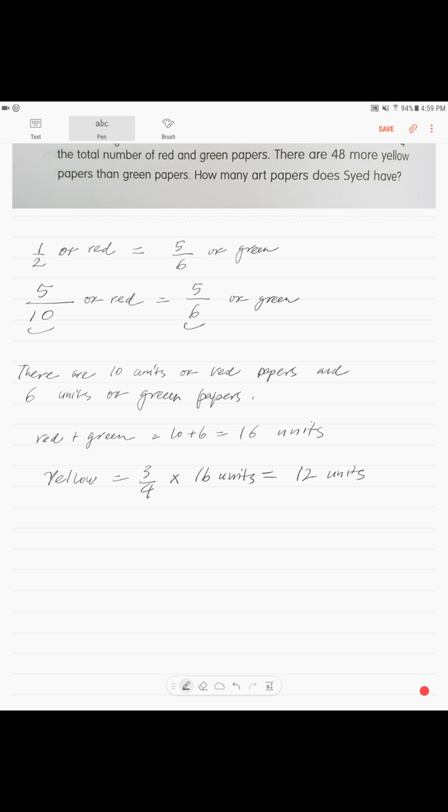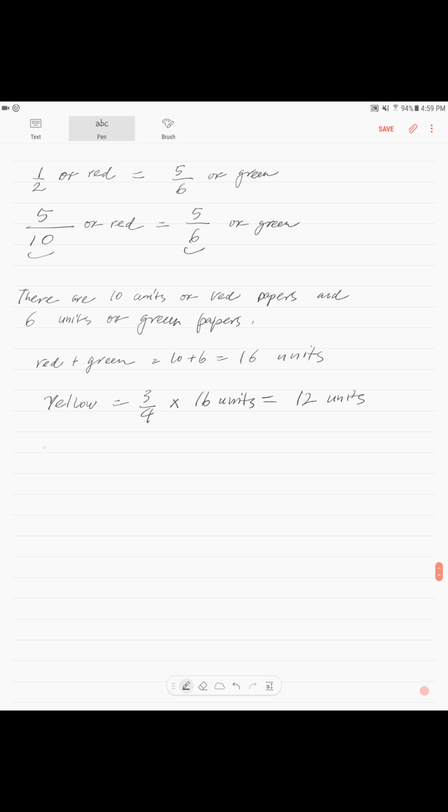So the total units of red and green and yellow all together is our 16 units and our 12 units, so 16 plus 12 is 28 units.